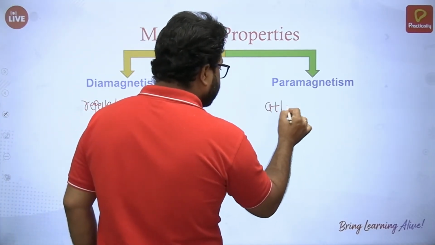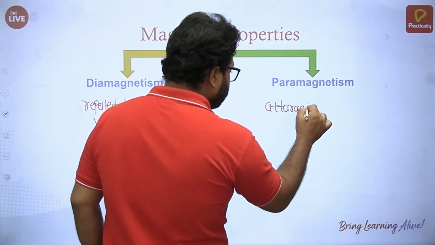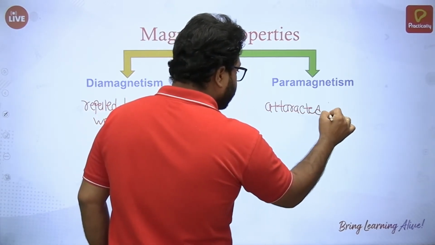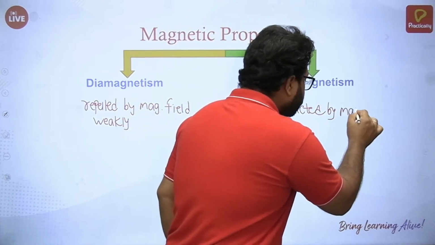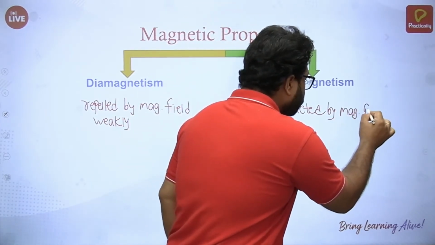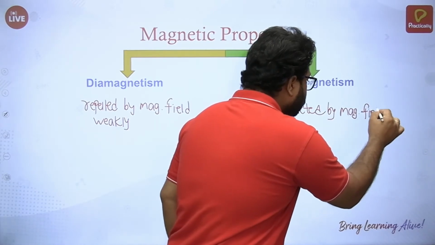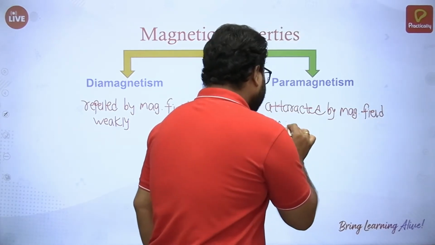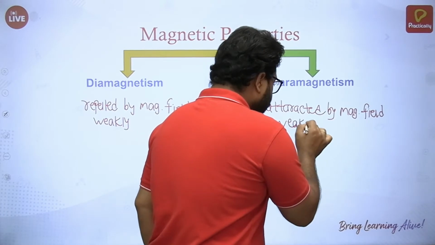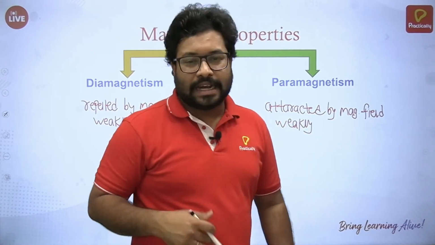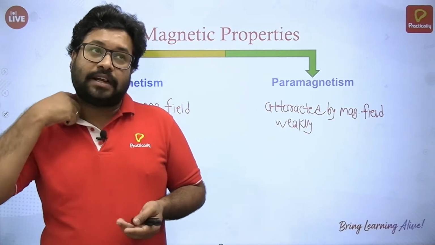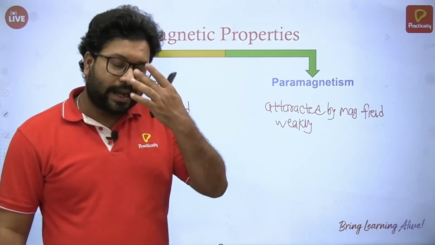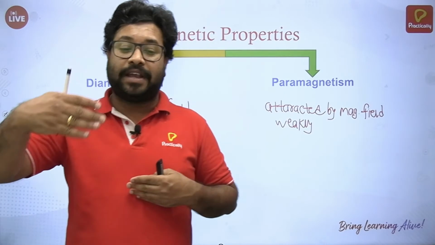They get attracted by the magnetic field weakly. So any compound which gets attracted towards the magnetic field weakly is paramagnetic, and any compound which gets repelled by the magnetic field weakly is diamagnetic.